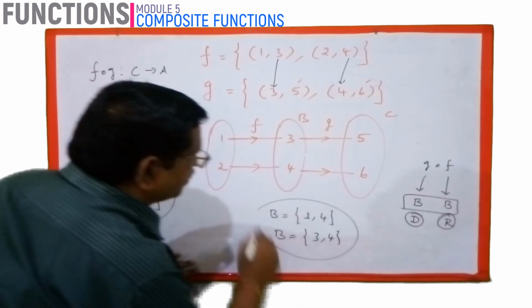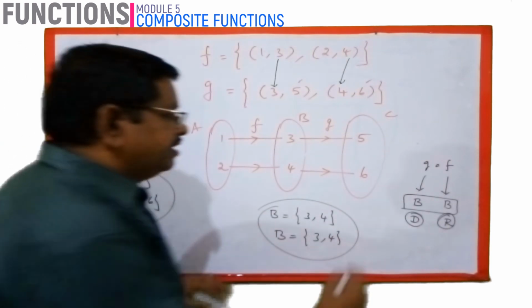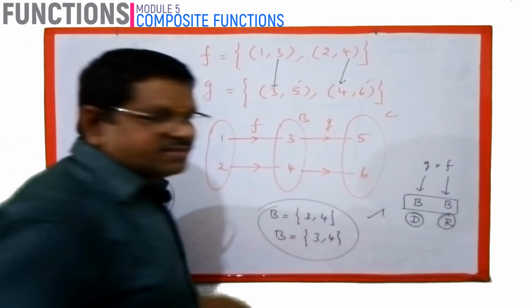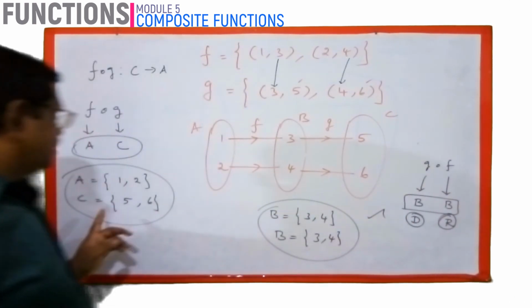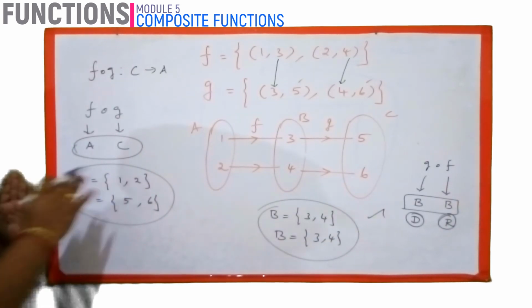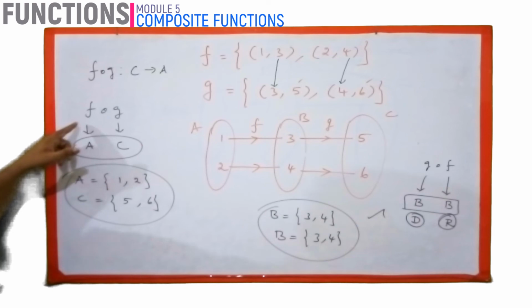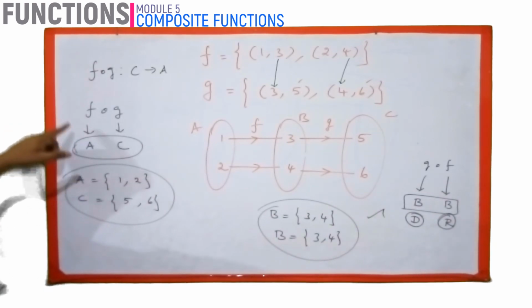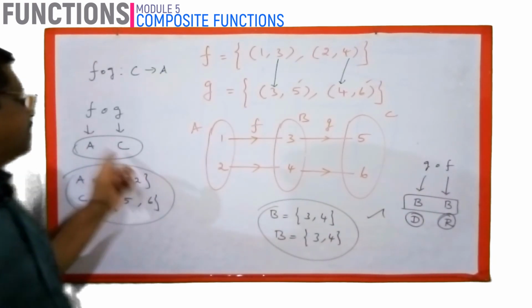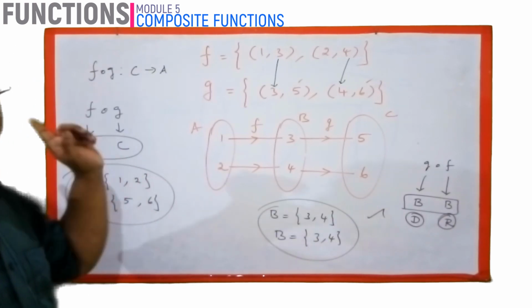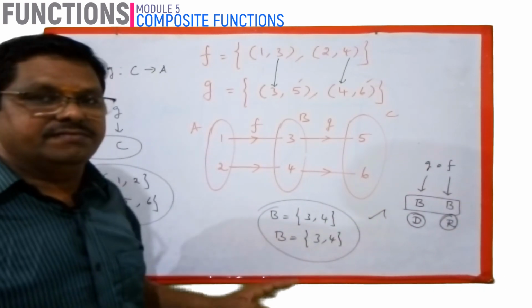These two are equal. That's why g composite f exists. In this case, f composite g does not exist. The reason is the domain of f and the range of g are not equal.